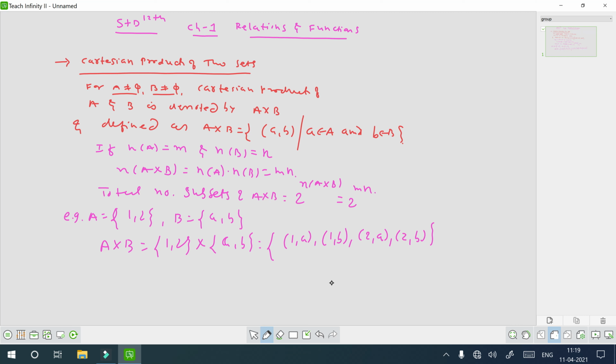Clear? Now say this is the Cartesian product of two sets A and B, and this is one example. Now our aim is to see the definition of relation.